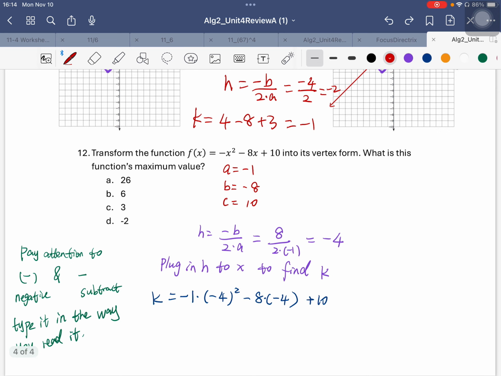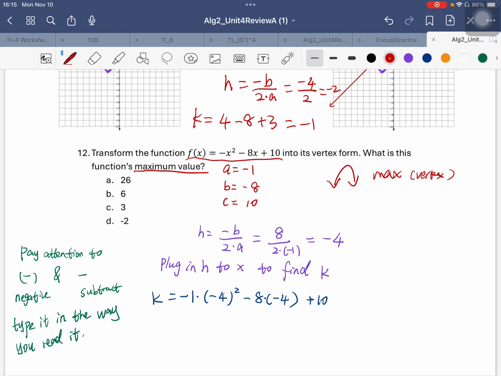Question 12. We need to convert the standard form into vertex form and find the maximum value. Because in this function the a is negative, it's a sad face. A sad face has a maximum, and the maximum is the vertex, the y value of the vertex.